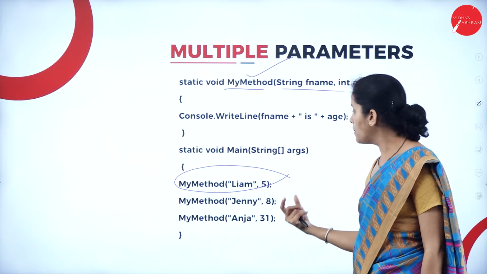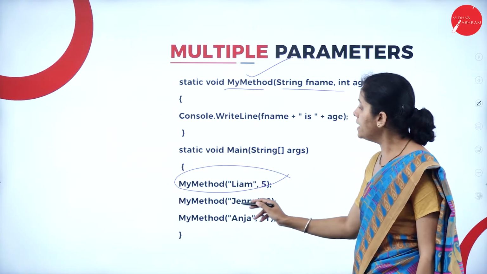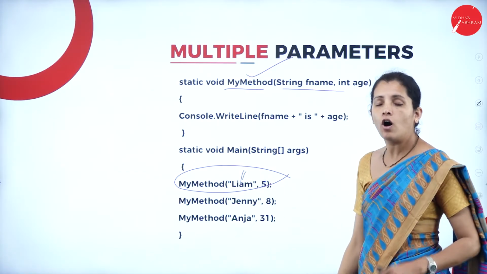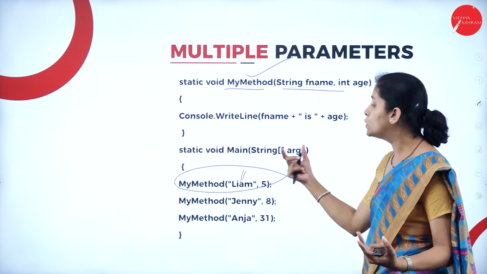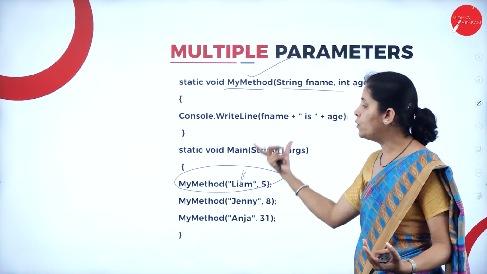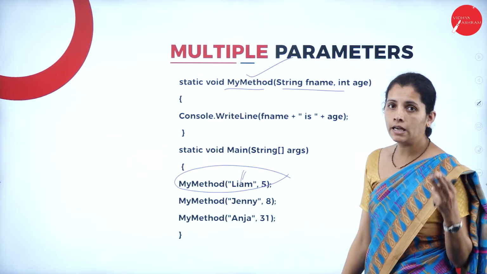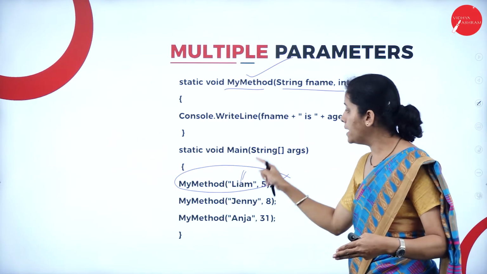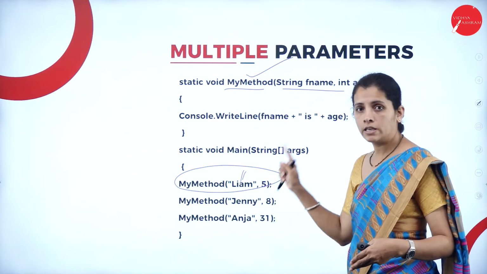While calling, I'm going to pass the values. And how many arguments or parameters am I going to pass? That is 2 parameters. And how many times am I going to run this method? 3 times, because in my main program I'm going to call this method 3 times.